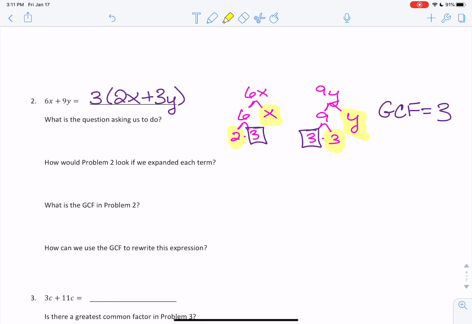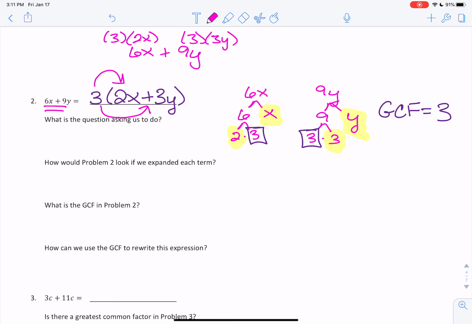Okay? And you can check to see if you did it right, because if you use the distributive property and multiply it out, you can see if you get an equivalent expression, something that's the same as what we started with. 3 times 2x is 6x, and 3 times 3y is 9y.